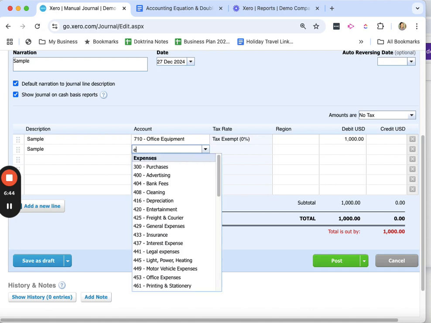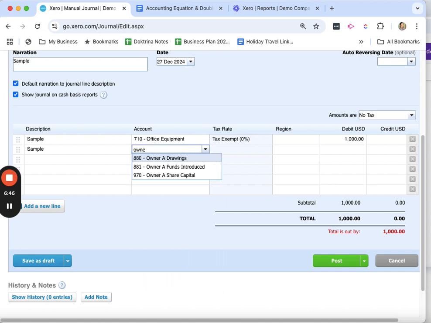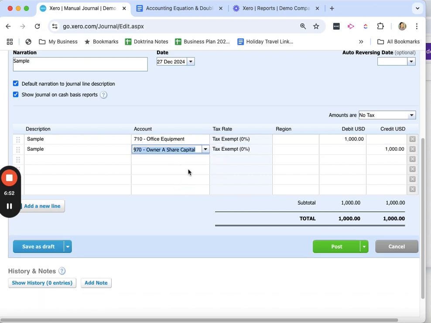And the credit entry is owner's capital or owner funds introduced. So it's owner share capital, which is always also 1,000. It's always two sides, the debit and the credit. And there's always either the asset, liability, or capital in the equation, or any combination thereof.